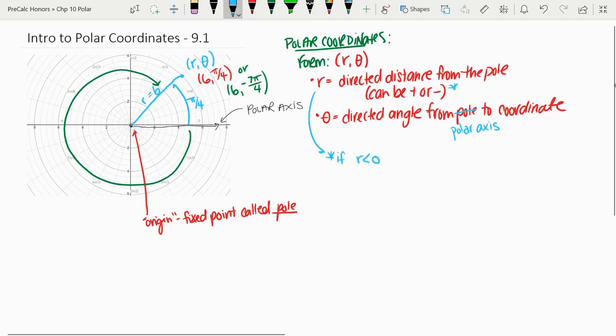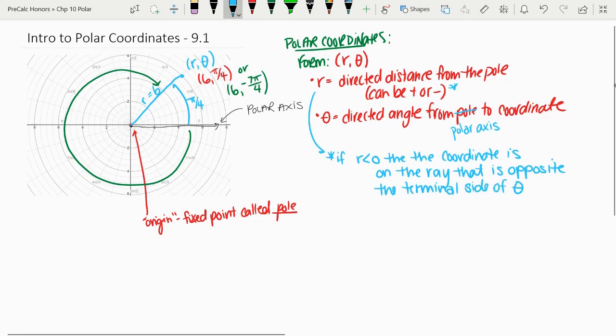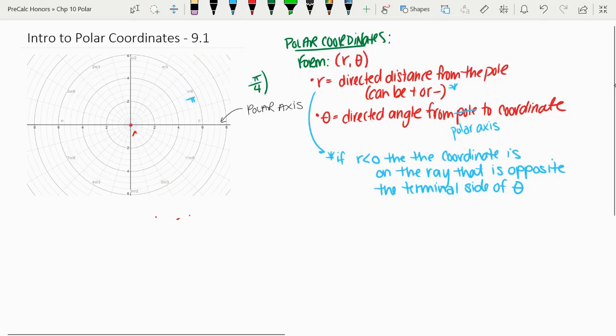If r is negative, so less than 0, then P, our point, is on the ray that is opposite the terminal side of theta. And I'll draw an example here. So I'm going to erase all this craziness on my grid so we can see it a little better.